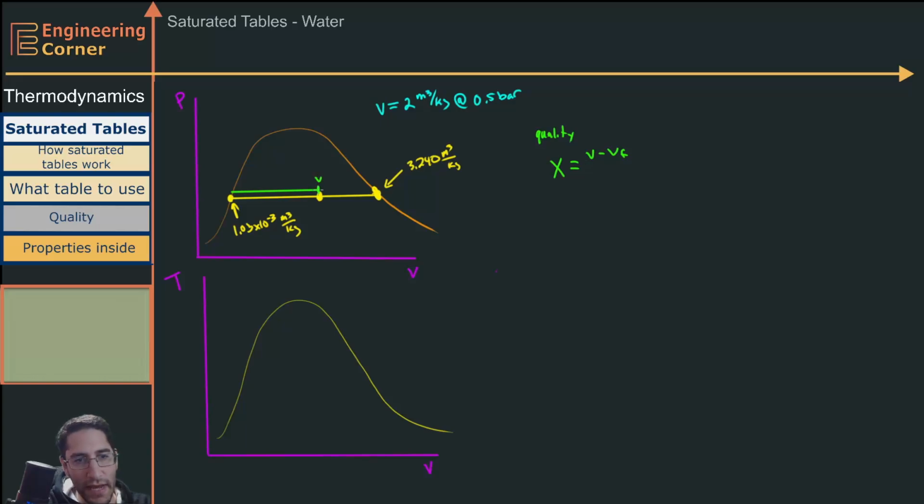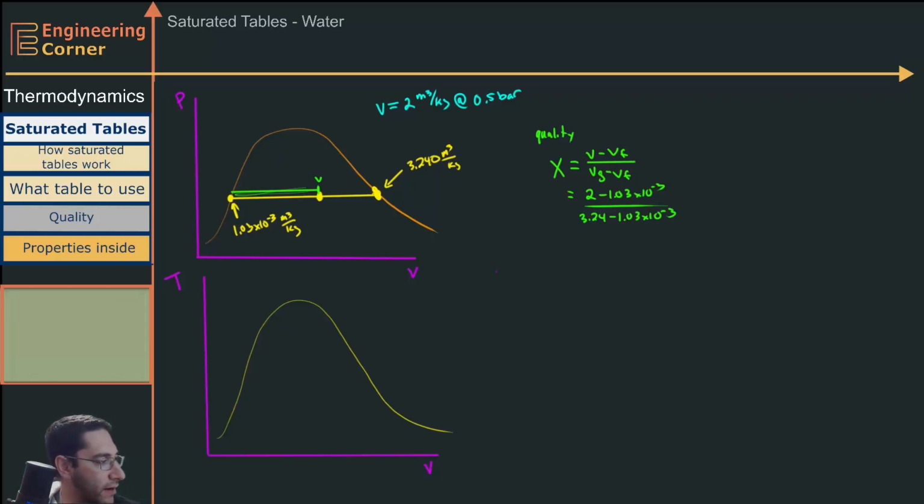Sort of think of it as this distance right here, divided by that full distance, which would be VG minus VF. In this particular case, it's going to be V, which is 2, minus VF, which is 1.03 times 10 to the minus 3, divided by 3.24 minus 1.03 times 10 to the minus 3.